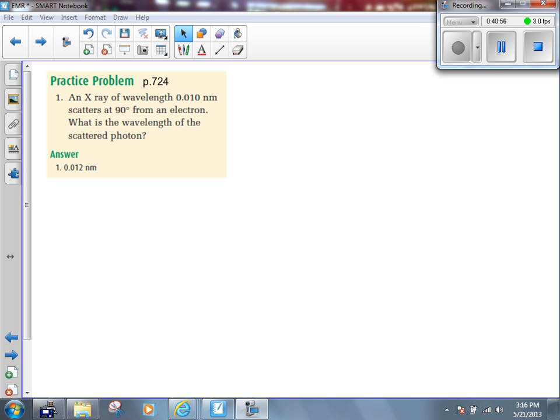So we have an X-ray here that has a certain wavelength. It scatters, so what scatters is what we start with. That's going to be our initial. Does that make sense?